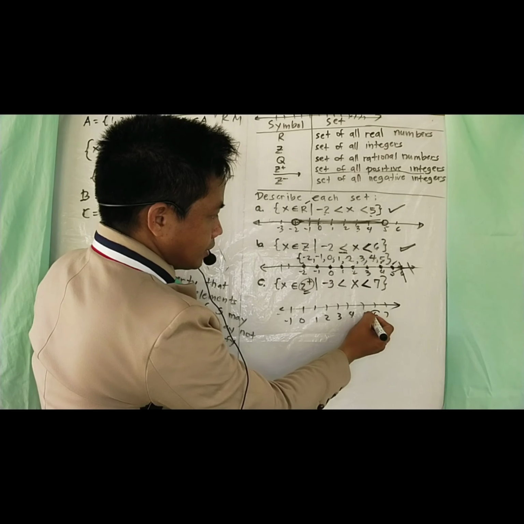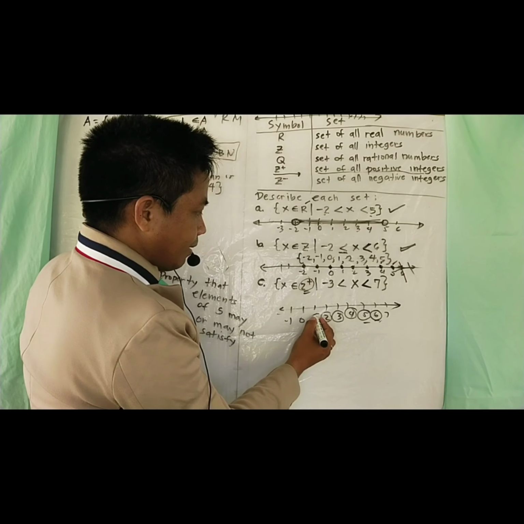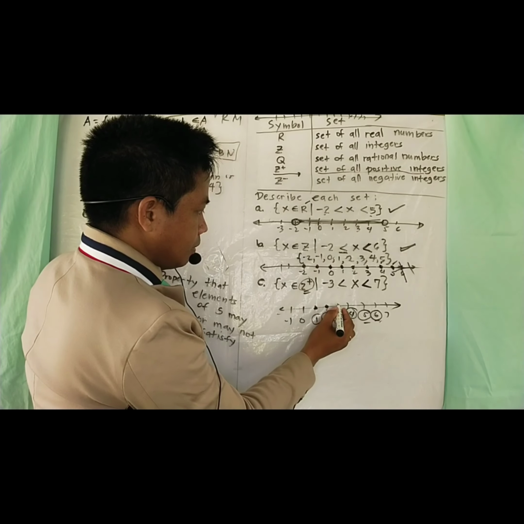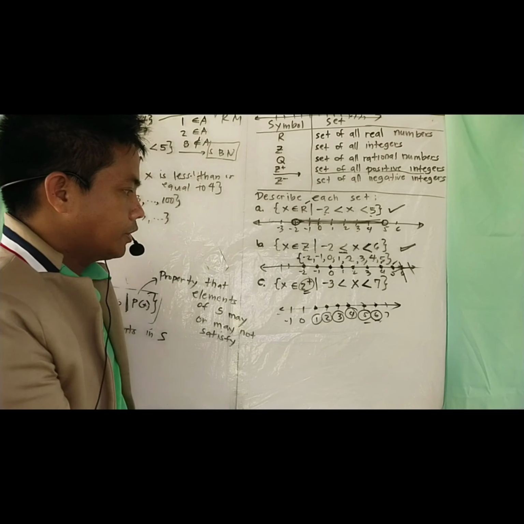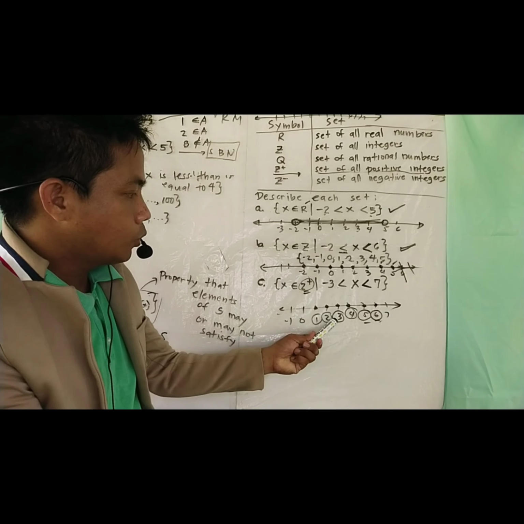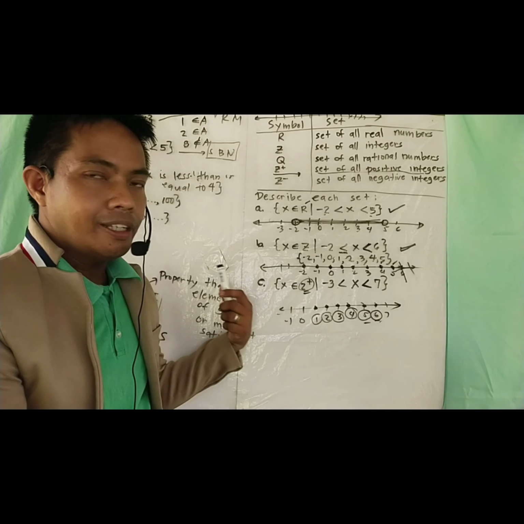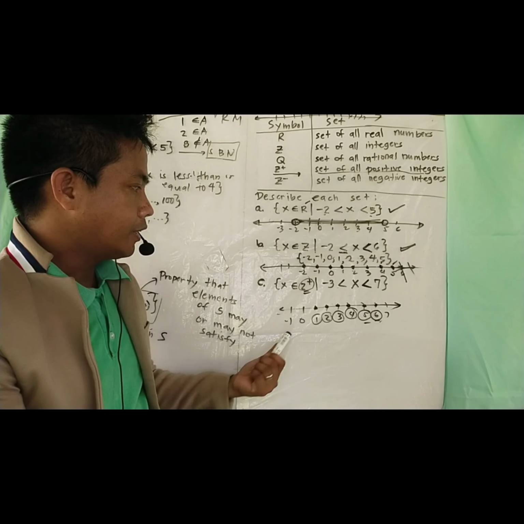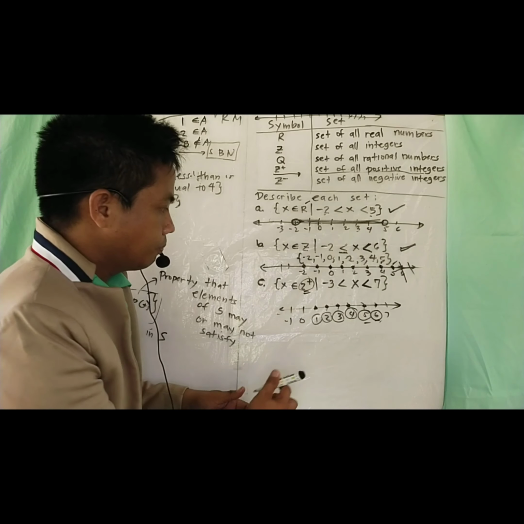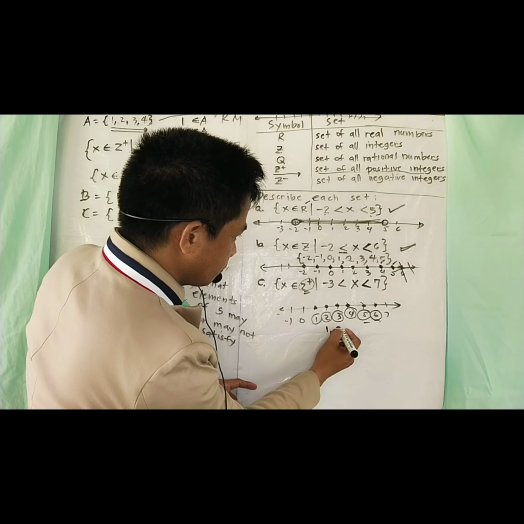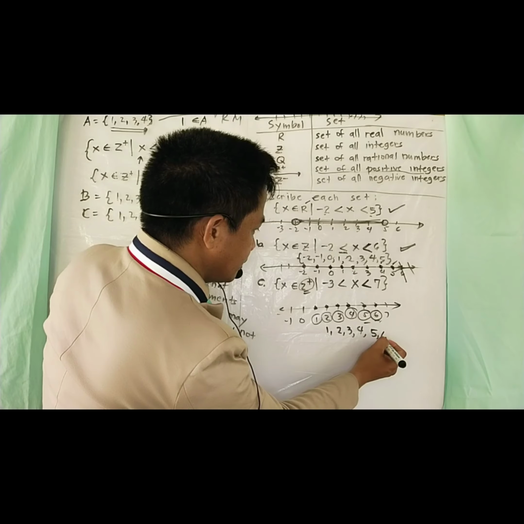Integers: we have 6, 5, 4, 3, 2, and 1. So the possible elements are positive 1, 2, 3, 4, 5, and then 6. Negative 1 is no longer part, negative numbers are no longer part of these positive integers, and 0 is also not part. So we have 1, 2, 3, 4, 5, and then 6.